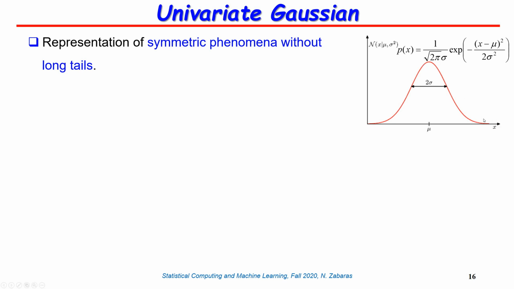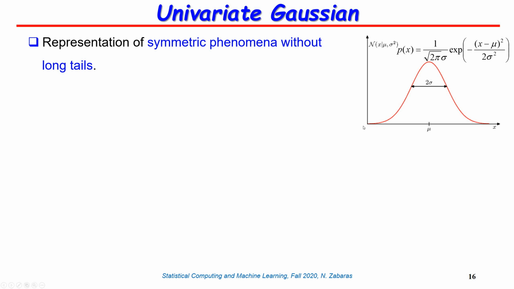So if the distribution is what we call multimodal, a Gaussian will not be appropriate. You notice it's symmetric. So if you have an asymmetric distribution, certainly it cannot be a Gaussian, or if you have data that don't look to be symmetric, you will not be able to fit them with a Gaussian.